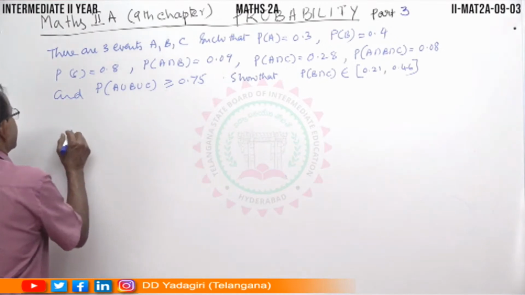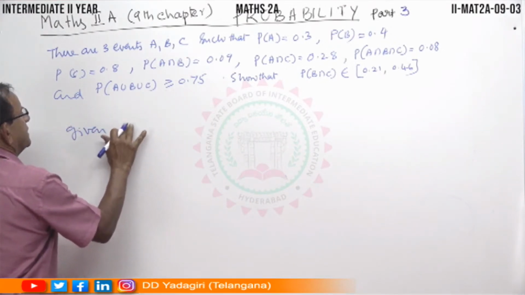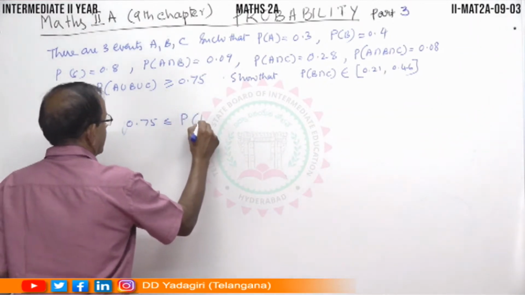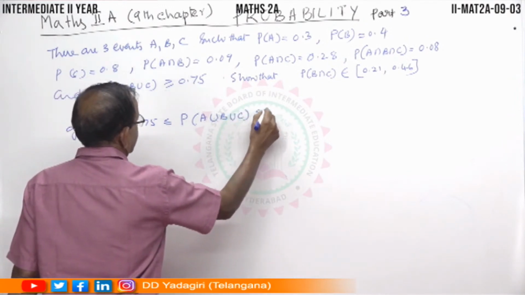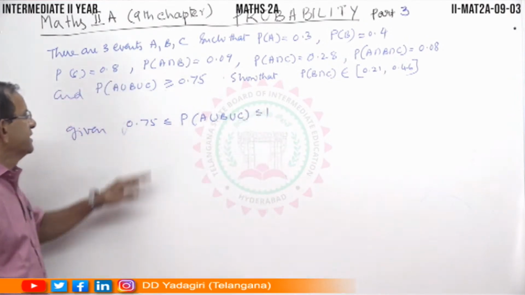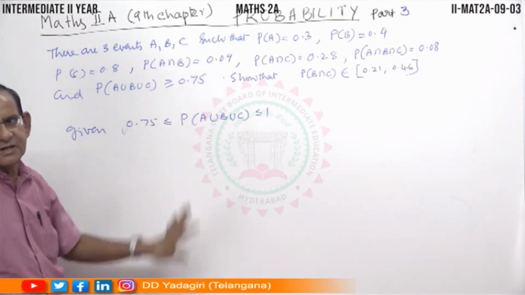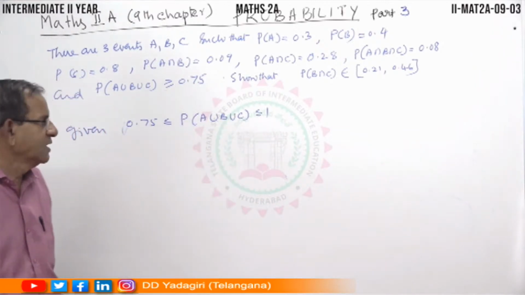So here given 0.75 less than or equal to P of A union B union C less than or equal to 1. It is more than 0.75, but any probability is less than or equal to 1 only. So it should be in between these two values.